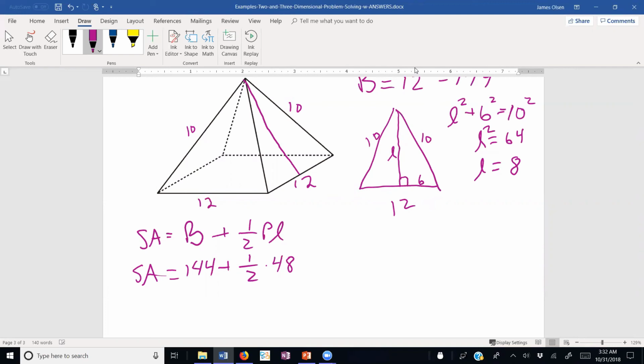And our slant height here is 8. And we're going to run this all into a calculator. 144 plus 192 is 336. And this is surface area, which is going to be an area unit. So we have square centimeters.